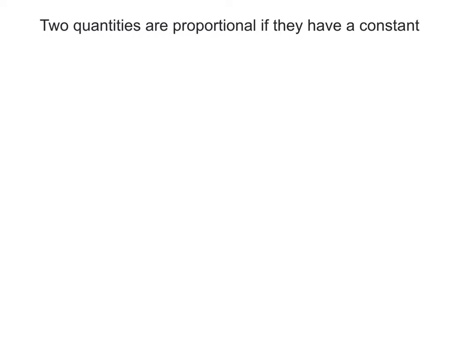So I think I'm going to type this out for you because it'll be a lot neater than me writing it. So two quantities are proportional if they have a constant ratio or unit rate.